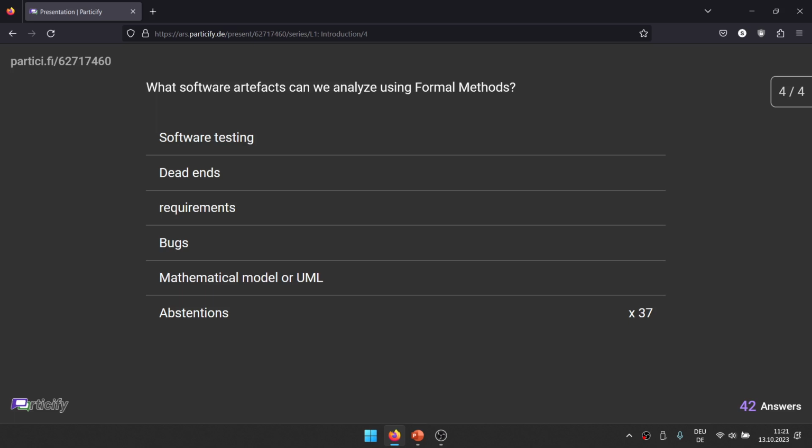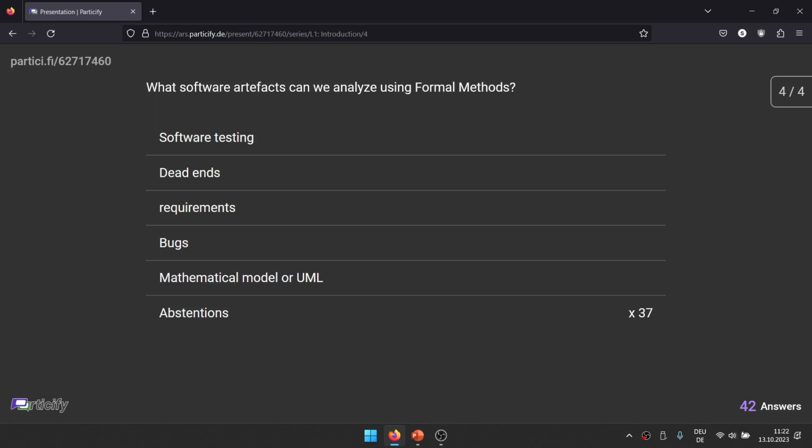For the fourth tool that we're going to use, which is somewhat like requirements, people have formalized contracts in formal methods to analyze contracts.